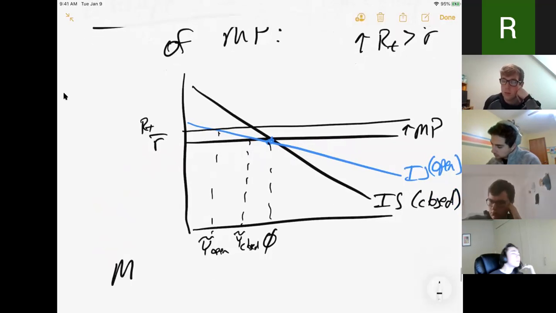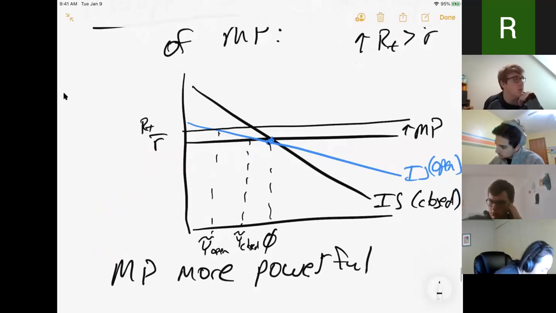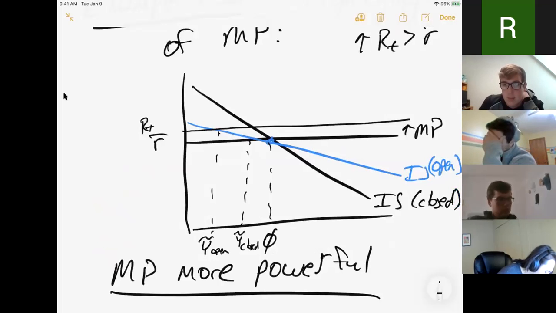In many ways, monetary policy is more powerful in an open economy because there's another avenue through which monetary policy works. It doesn't just work through investment, but it also works through changing exchange rates.